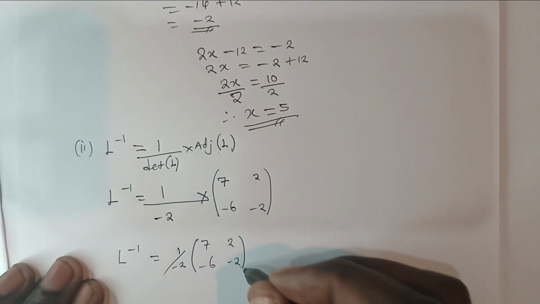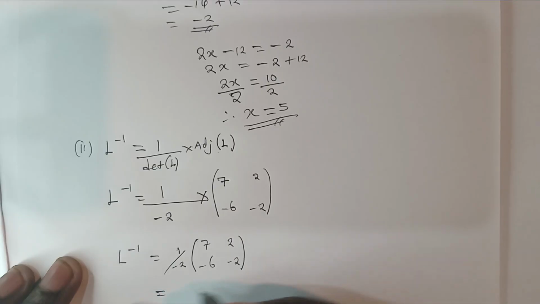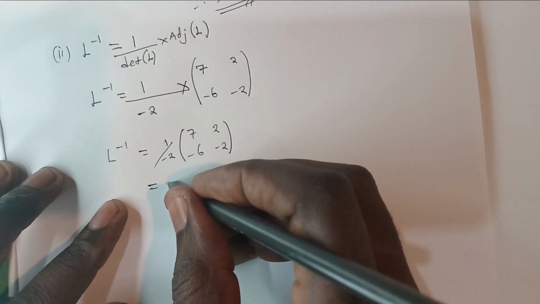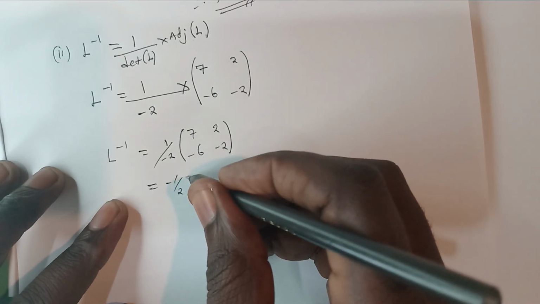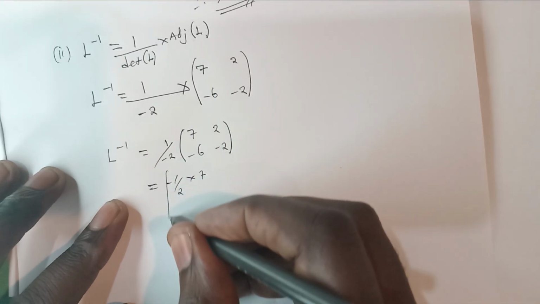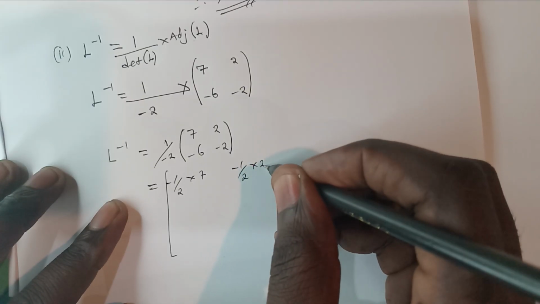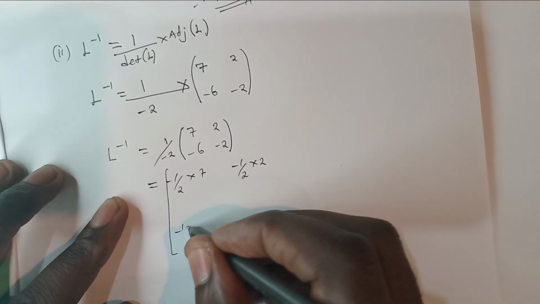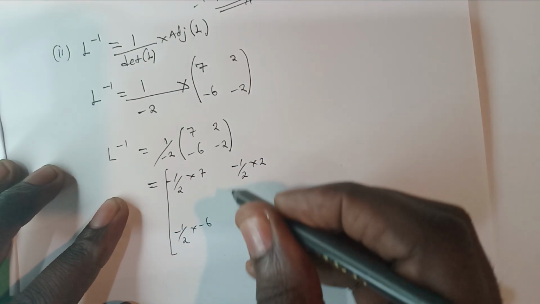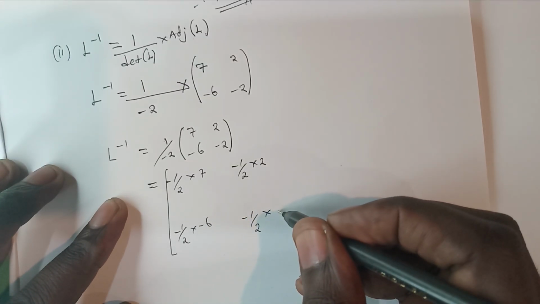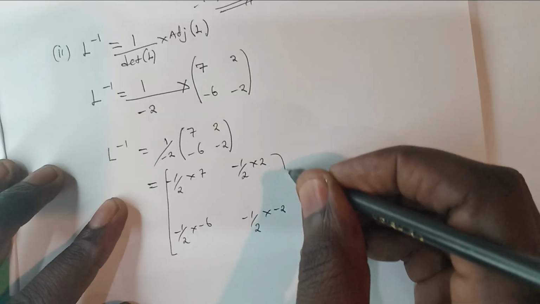We just rewrite this, and then this we are going to say is the same as negative 1 over 2 times 7, and then negative 1 over 2 times 2, then negative 1 over 2 times negative 6, then negative 1 over 2 times negative 2. We can close.